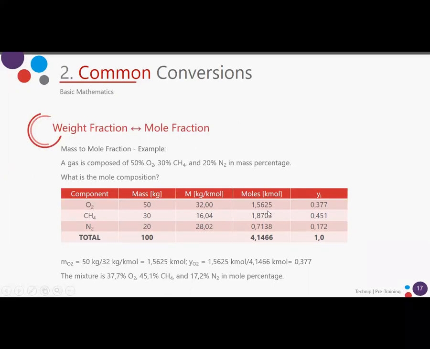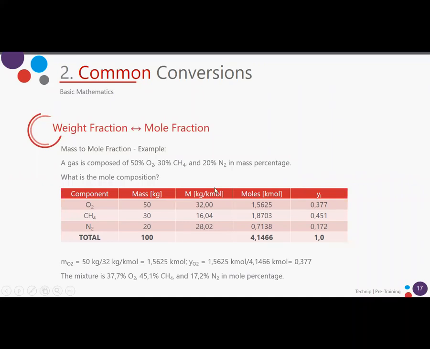And this we do again for each component, okay? At the end of this step, we sum all our kilomoles to get the total amount of kilomoles of our mixture, which is 4.1466 kilomoles.